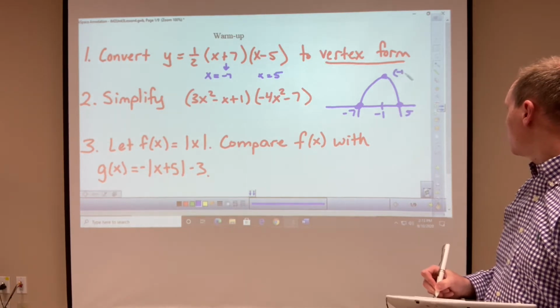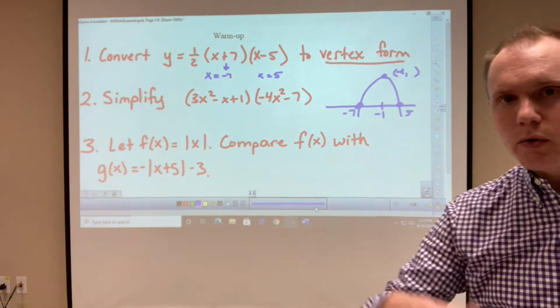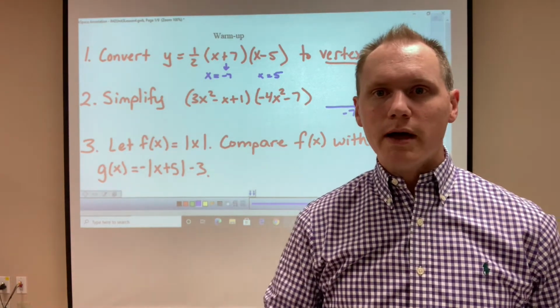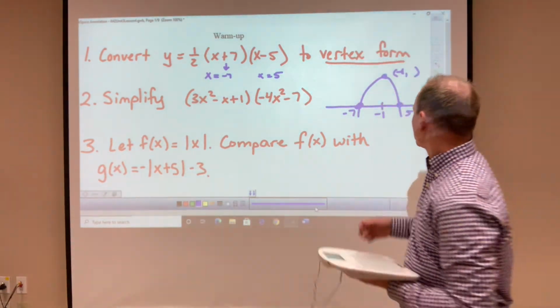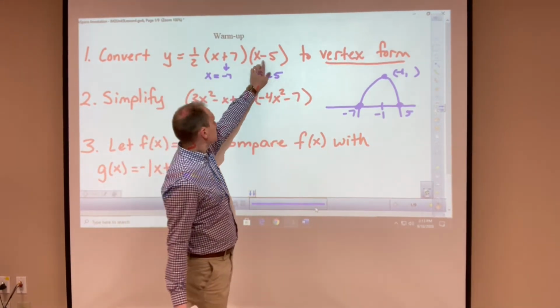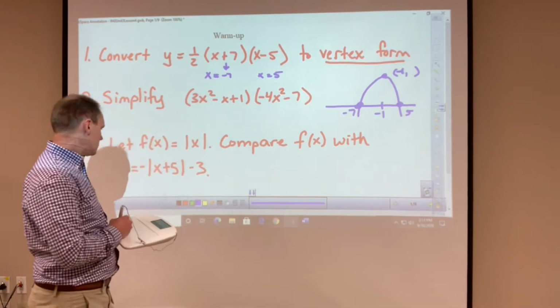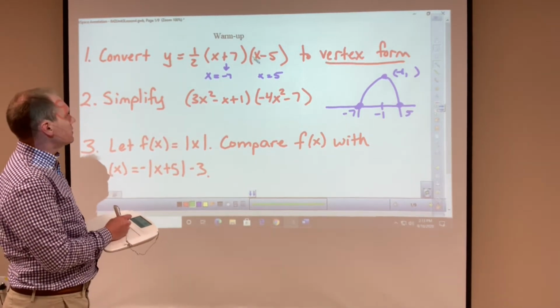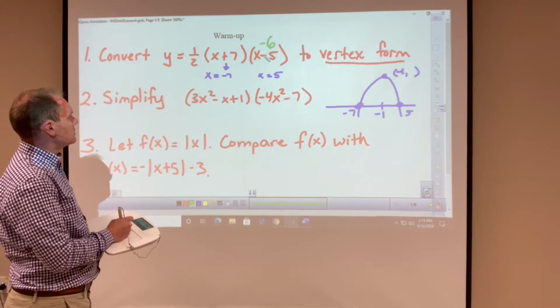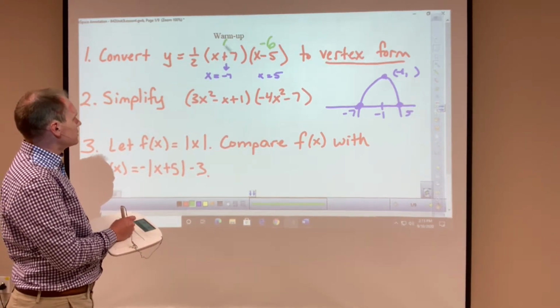So -1, comma, something. And as always, to find the y value when we know x, we can just substitute it in, right? So let's go ahead and put -1 in for our function here. So see, -1 minus 5, I'll do this in green so you can see it. -1 minus 5 is -6. -1 plus 7 is +6.